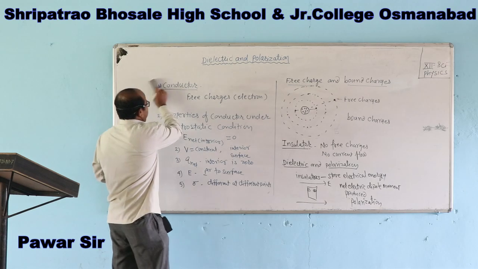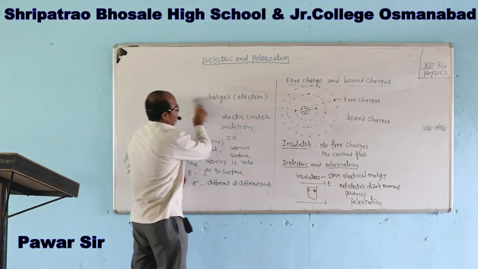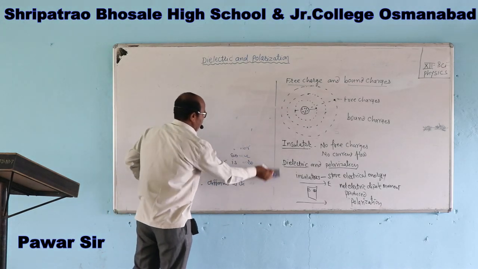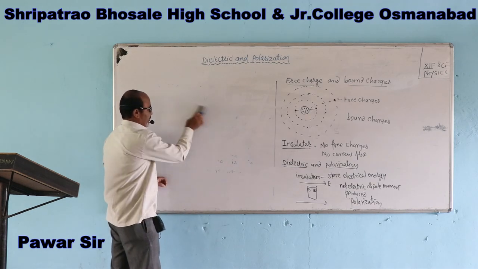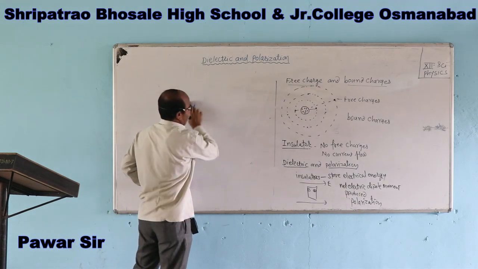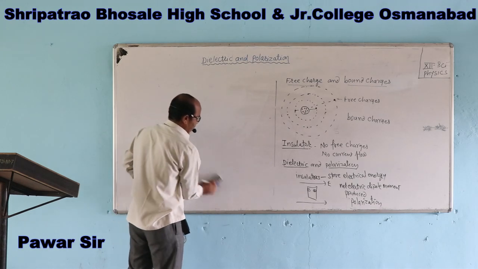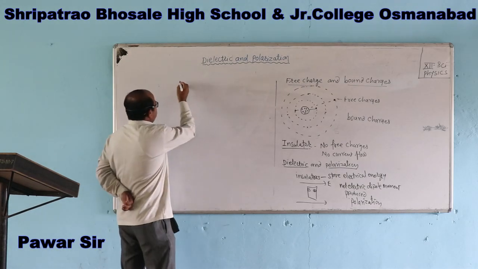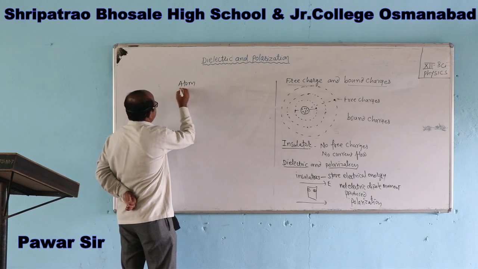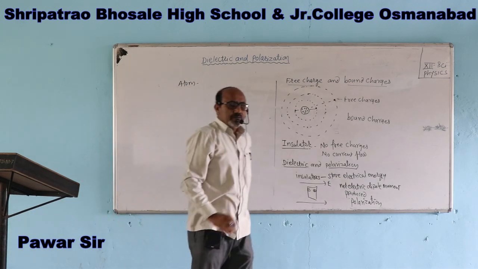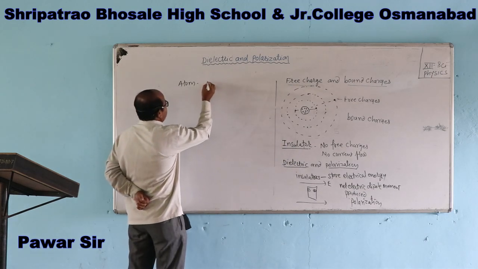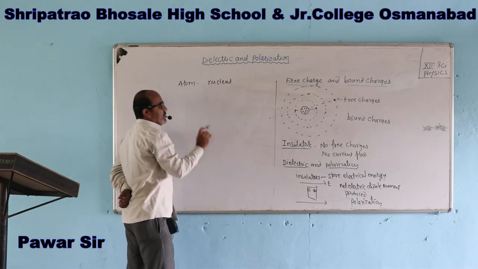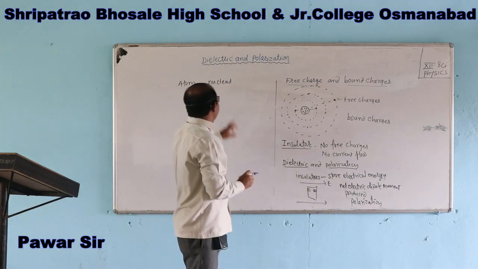Now we will see, an atom contains a positive charge nucleus and a cloud of negative charges, that is electrons, around it.